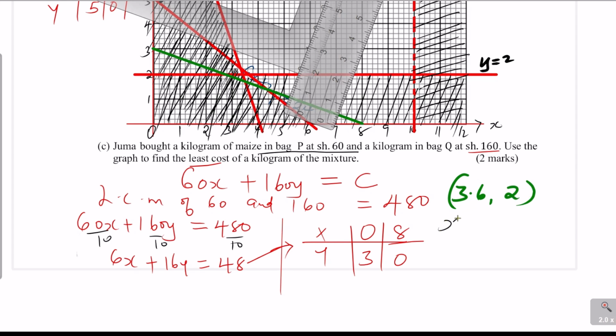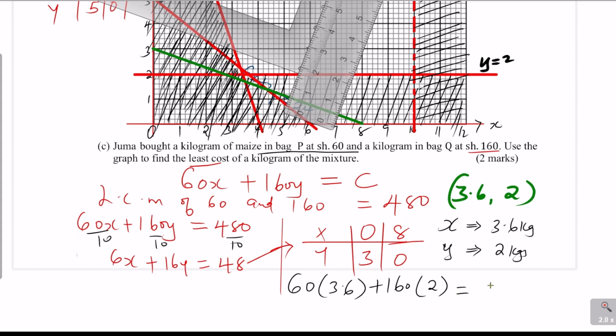So that means x, that is 3.6 kgs of bag P, and y will be 2 kgs. So when getting the minimum cost, we substitute into 60x plus 160y, that is 60 multiplied by 3.6 plus 160 multiplied by 2.